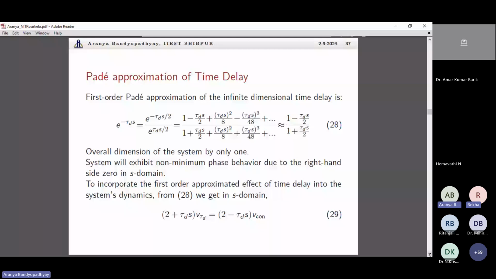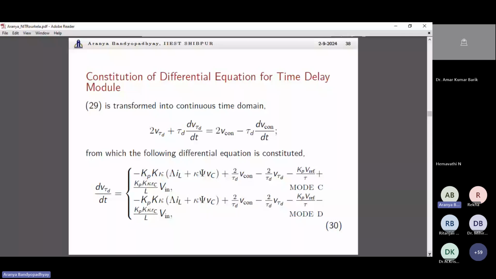Now we need to convert the S domain equation into the continuous time domain and then form our differential equation. So in totality, it would be a fourth order system where the differential equation due to the time delay module would be manifested as such.